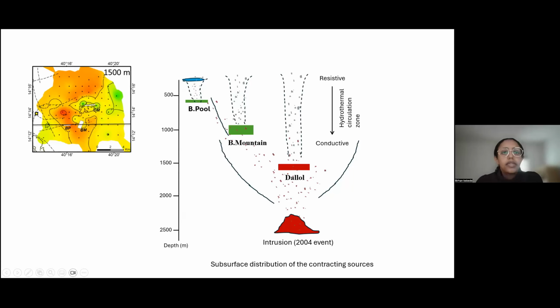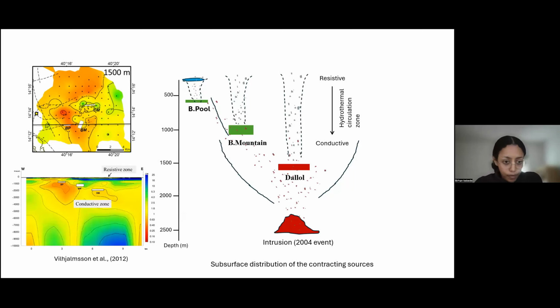And the slice of MT at 1.5 kilometers shows Dallol completely within the high conductive zone, which is interpreted to be a partial melt zone. And following this cross-section line, we can see a cross-section of this MT, with Bubbling Pool, Black Mountain and Dallol contracting sources distributed on the MT profile.